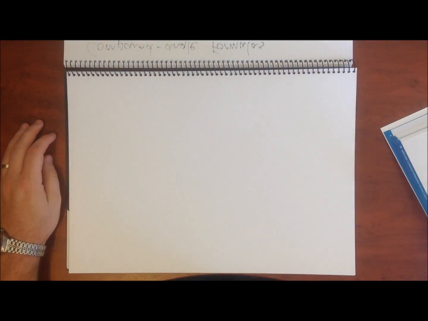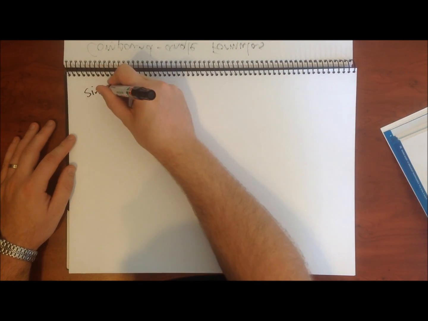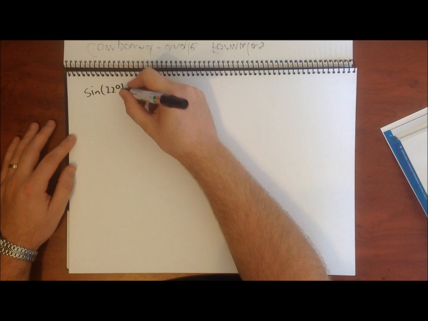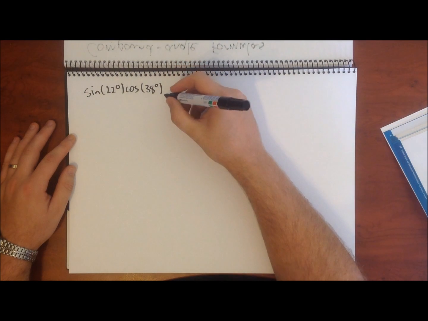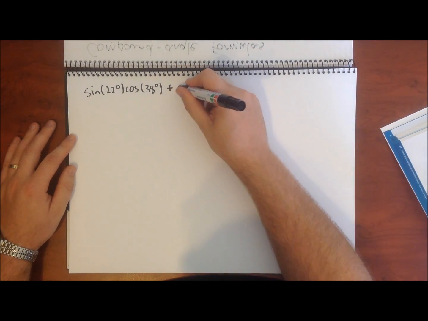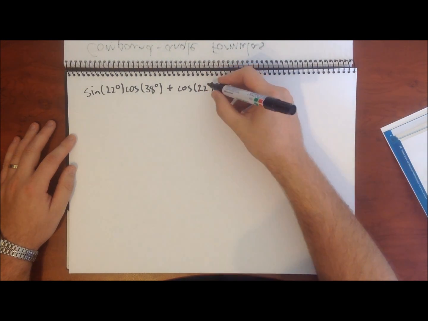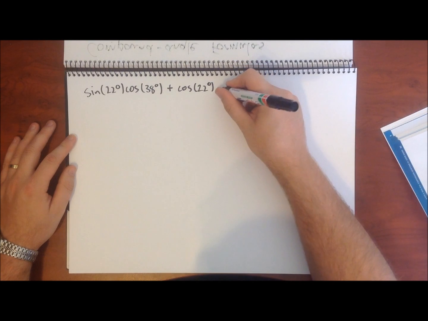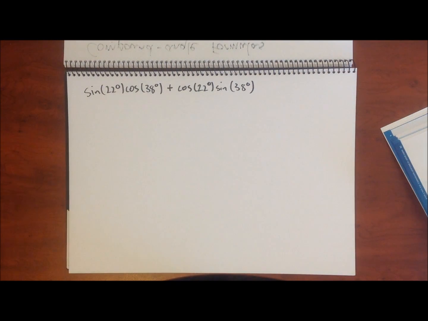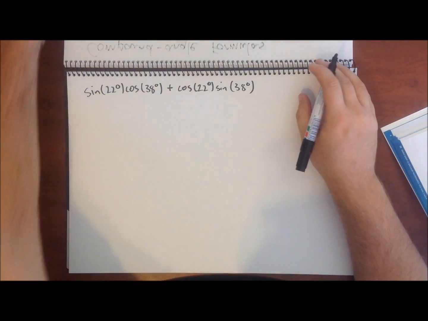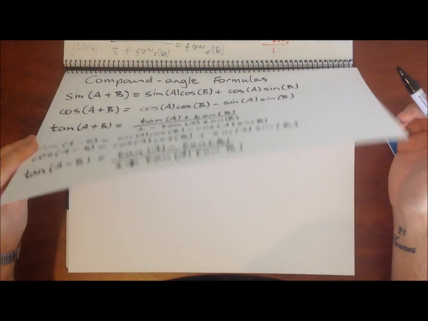So we'll have a look at the case where we've got sine of 22 degrees cos of 38 degrees, okay, plus cos of 22 degrees sine of 38 degrees. Okay, and we need to think, okay, well, which one of our compound angle formulas is this, where we've got sine then cos, okay, plus cos then sine.